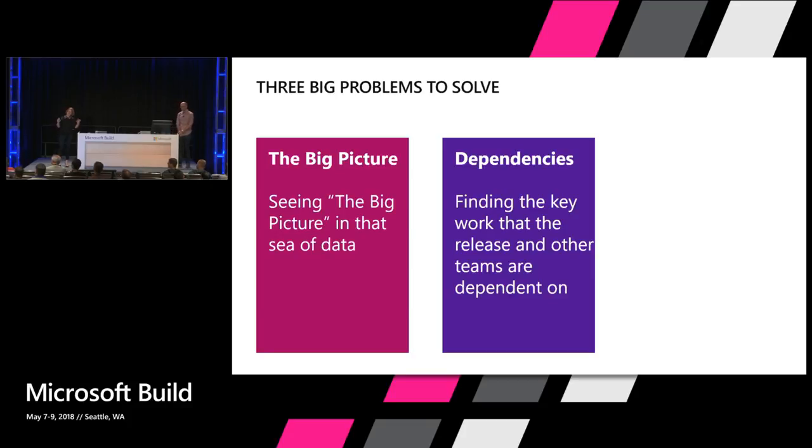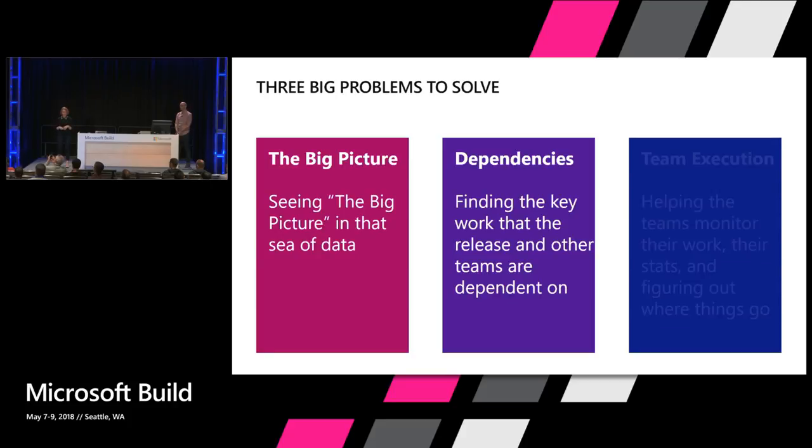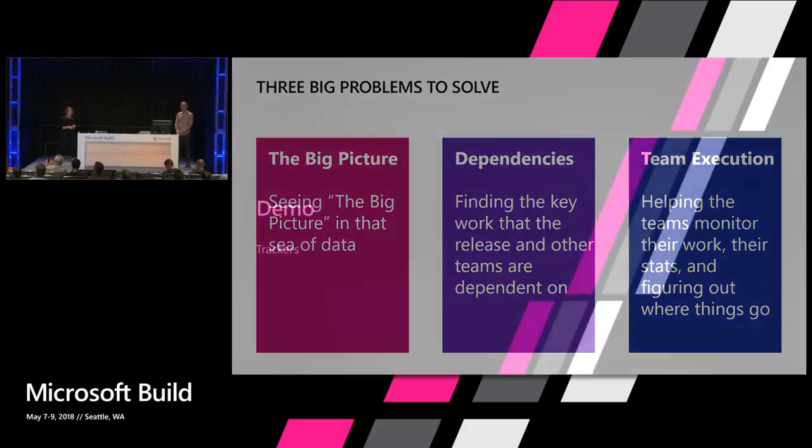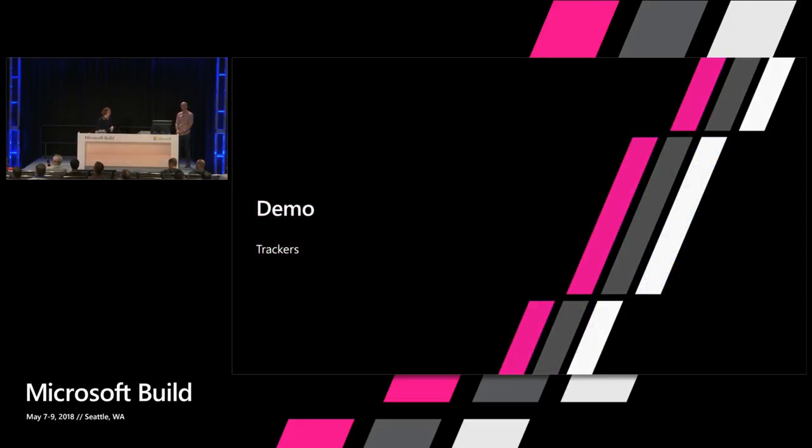I always think of this as in that sea of data, there are about 10 items per team that'll get you in real trouble if you don't deliver them on time. The things where someone and a cascade of work is dependent on you doing something. And those are dependencies. And we have team execution. The team needs to be able to see what they're working through and what's on their radar on a regular and consistent basis. So with that, we built a set of extensions to allow us to do that.